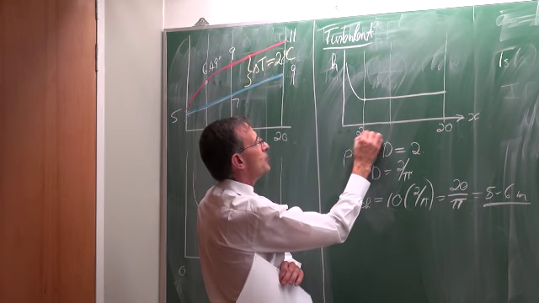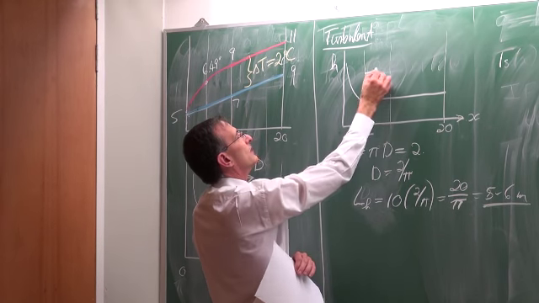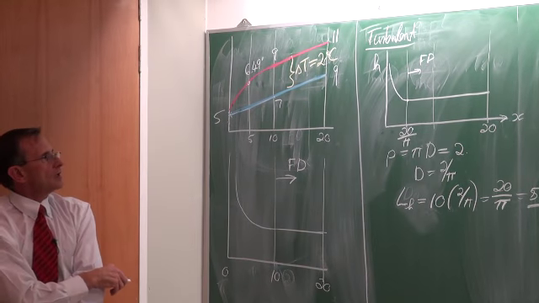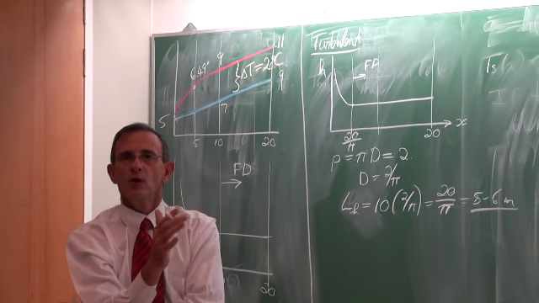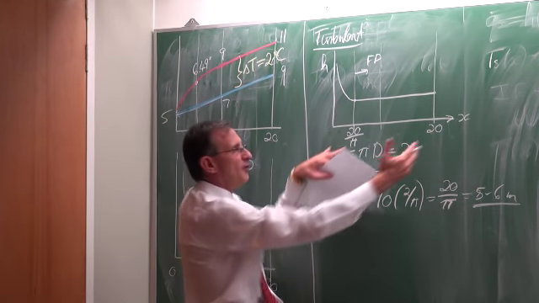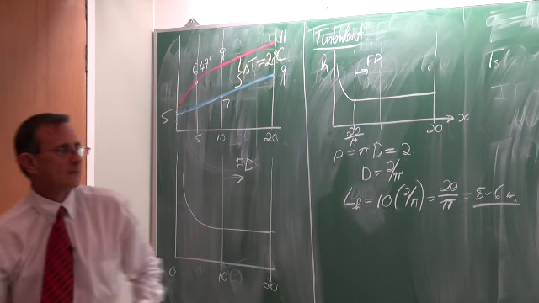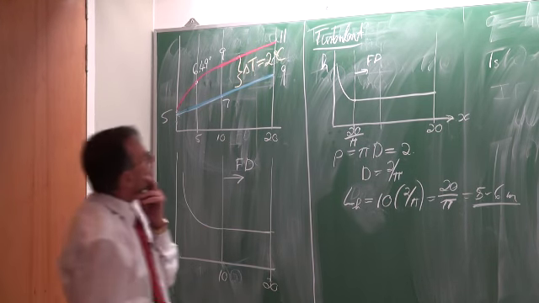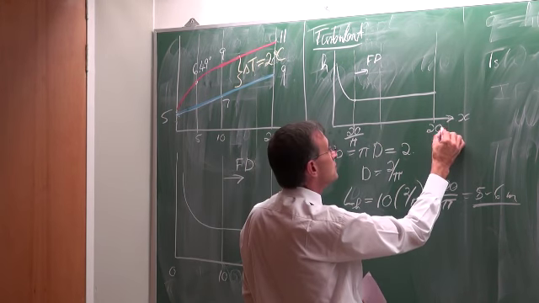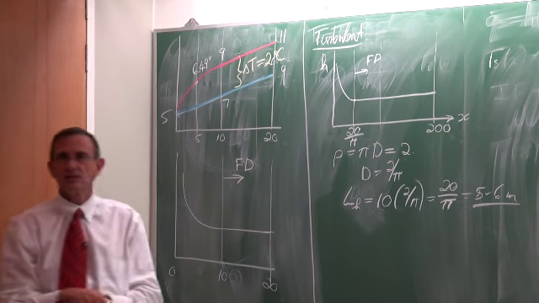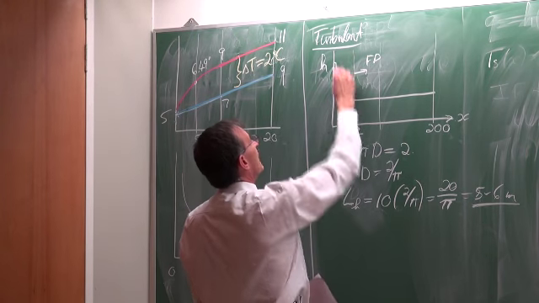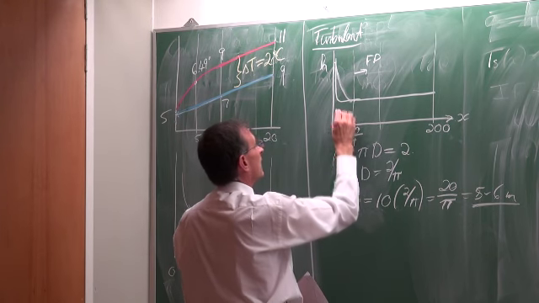So this is equal to 20 divided by pi before it is fully developed. If we look at this problem, it's one of those that's now a little bit difficult, because it's about a quarter of the length before it is fully developed. If, on the other hand, the tube was 200 meters, then, according to scale, it would look something like that almost.